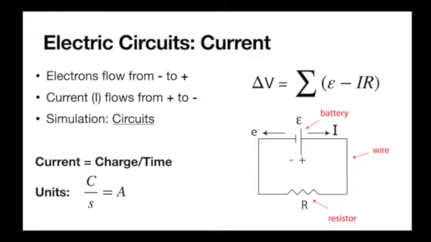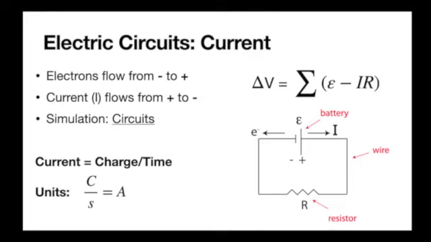But for electric flow around a circuit, remember charge or current flows from the positive side, the long side of the battery, to the negative side of the battery, the short side. That is backwards from what happens in real life. In real life, electrons are what's going through the circuit, so the charge that's moving is negative, and they flow from the negative side to the positive side.